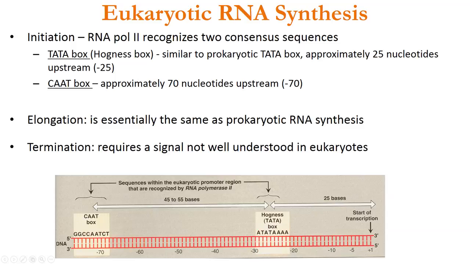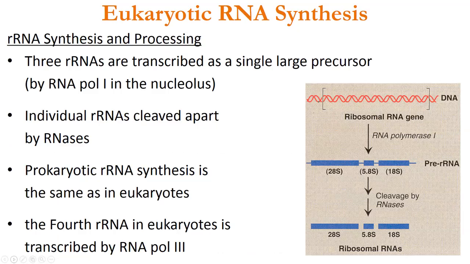In eukaryotes, termination is not well understood. Okay, and that's where we're going to leave it. That makes it easy, right? Well, I guess we don't have to learn that. It's not well understood. That's as deep as we're going to go. So there's a couple little differences there with the eukaryotes. The promoters are a little bit different, but it's very similar overall.